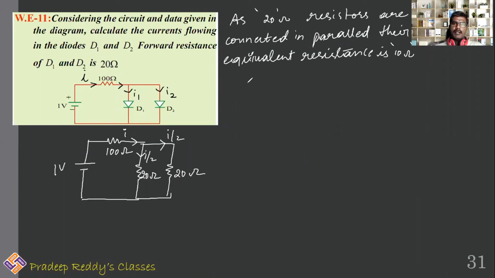And now total net resistance in the circuit will be 100 ohm plus 10 ohm, which is equal to 110 ohm. That is net resistance in the circuit.